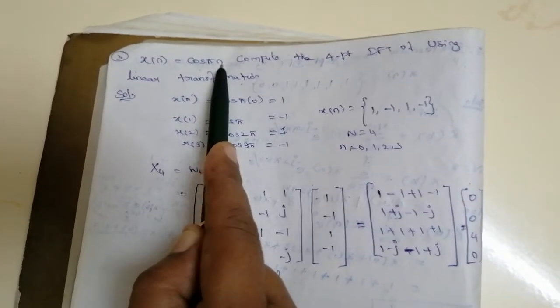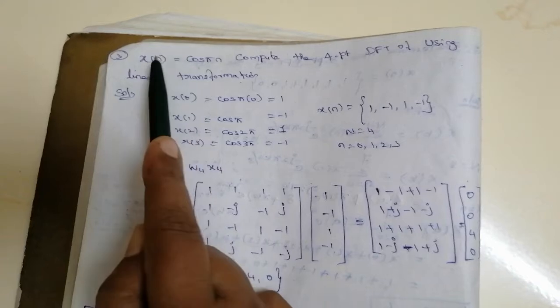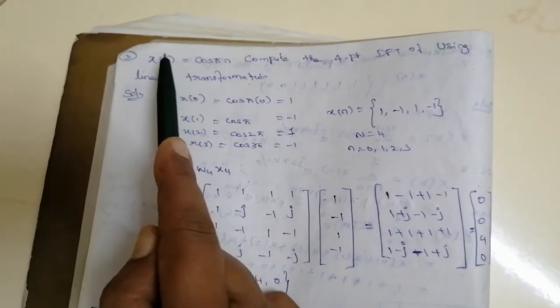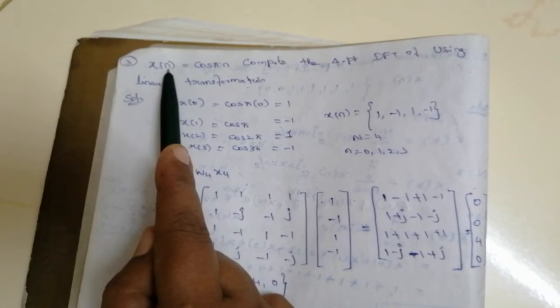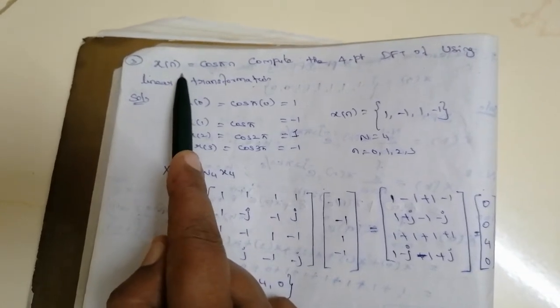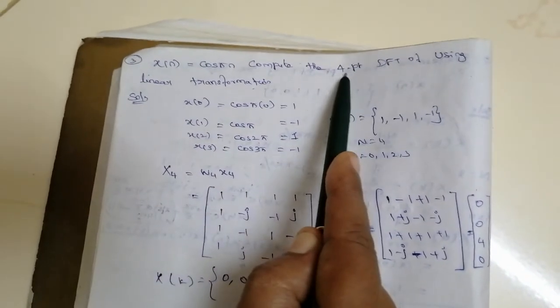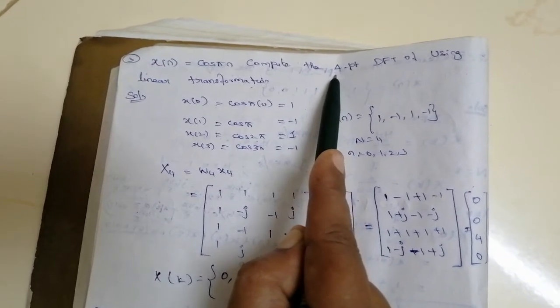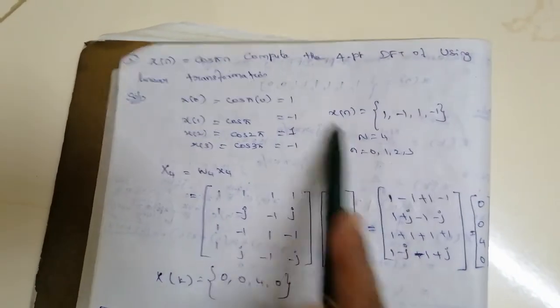So in that problem, we need to find x of 0, x of 1, x of 2, x of 3 values. So substitute n equal to 0 to 3. Why 0 to 3? Because here capital N equal to 4, so we have to find 0 to N minus 1, which means 0 to 3.